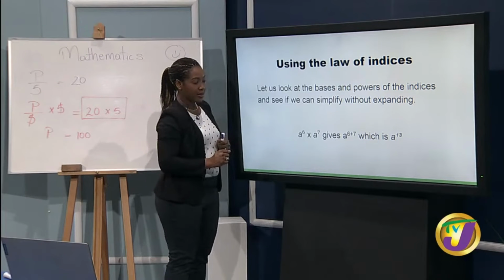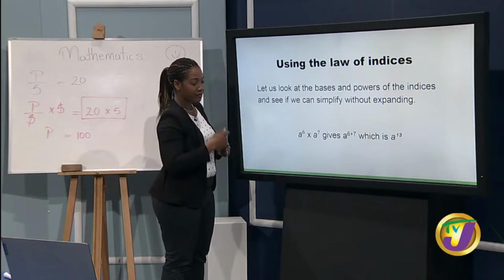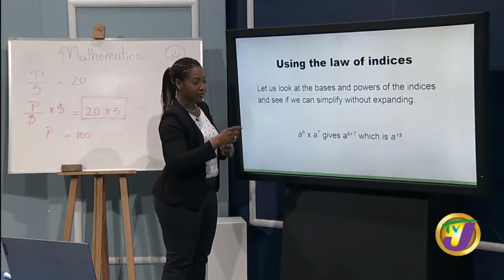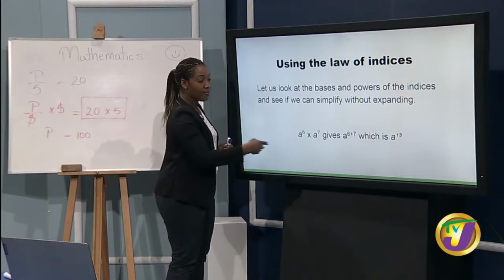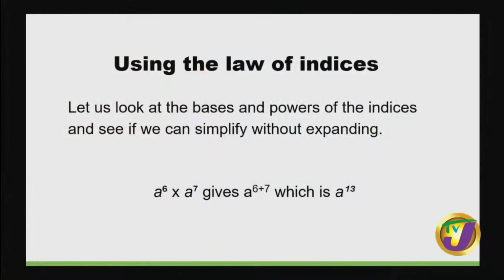So A raised to the 6th power multiplied by A to the 7th power gives us A to the power 6 plus 7. In this instance, when the base is the same, we can just add the exponents. So you'd add the 6 and the 7, giving you 13. That would be the simplified way, without expansion.